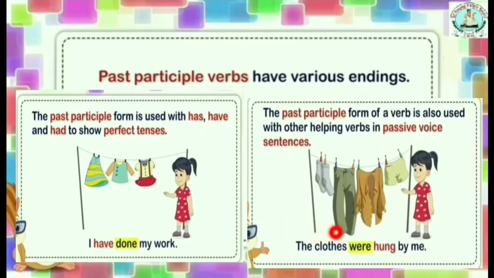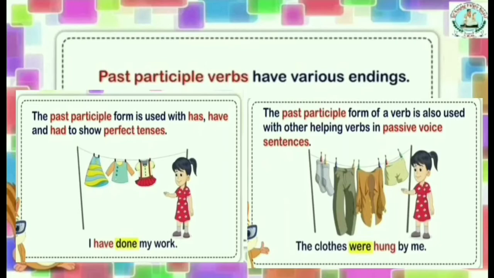The clothes were hung by me. Here were is a past form, and hung is the past participle form of the verb. Here were is used as a helping verb. By me. Where do you have to use this? In passive voice.